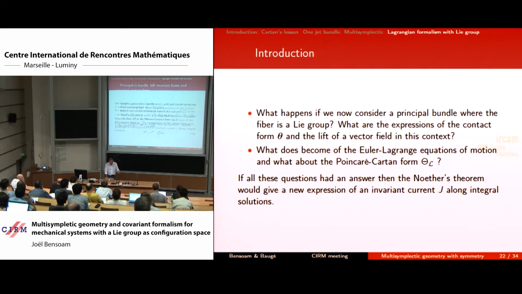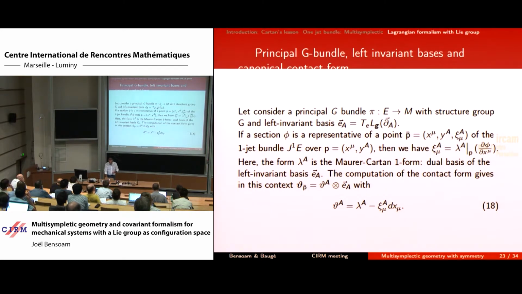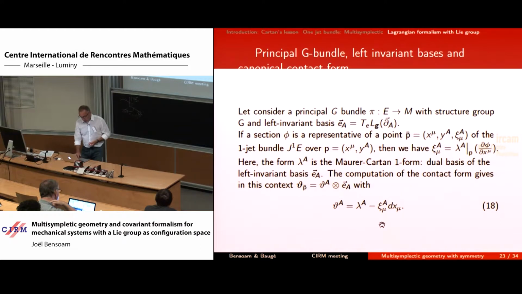So we'll do exactly the same things, but this time instead of considering the derivative, we consider the Lie algebra. So we move the velocity from a point in the group to the identity.